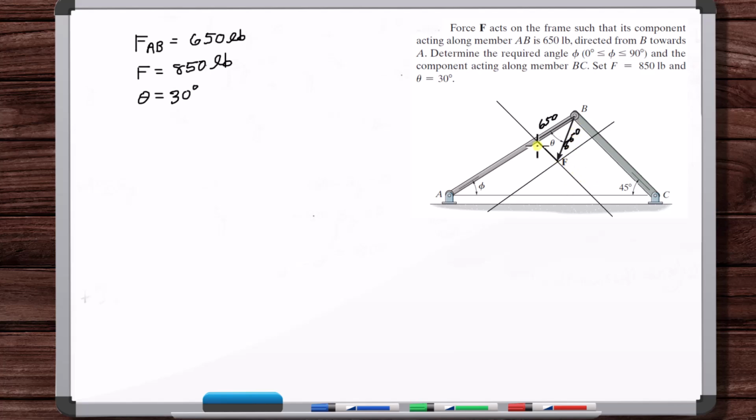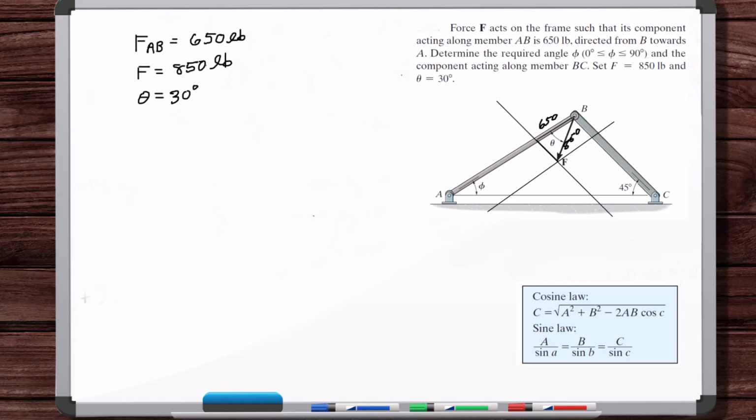We're trying to find this length, and we're trying to find this angle. For problems like this, since we're dealing with completely random directions, we're most likely not going to have right triangles, so we're going to want to use the law of sines or law of cosines, or both.